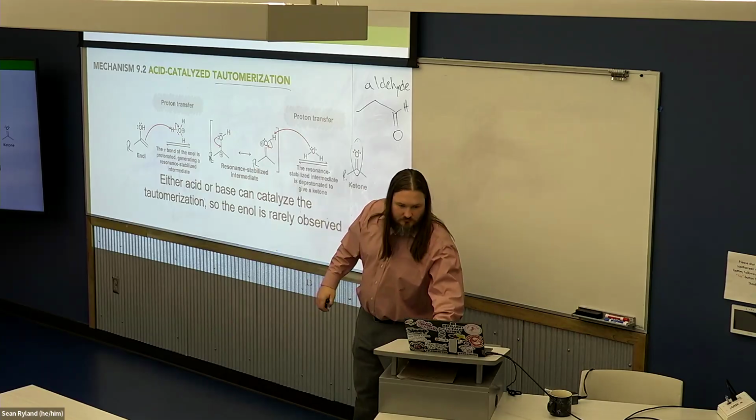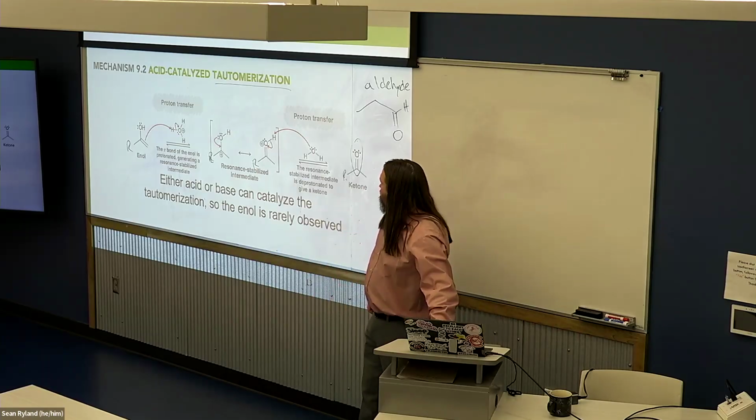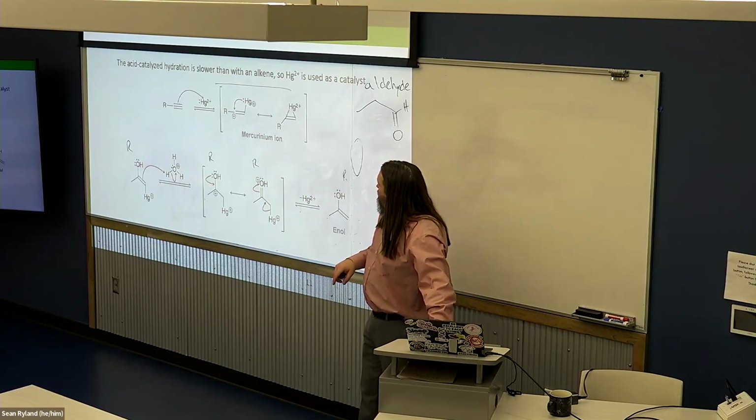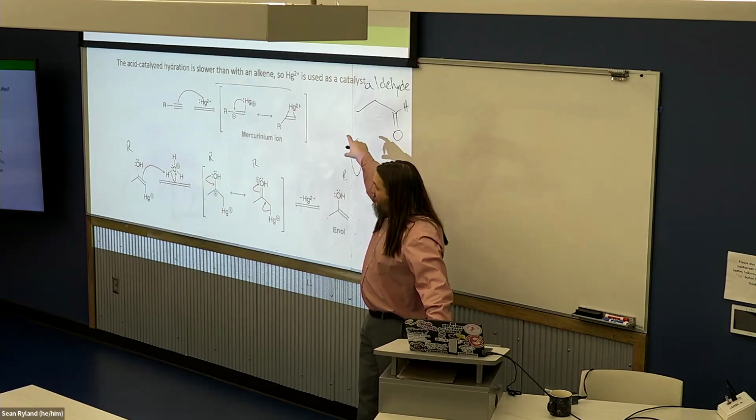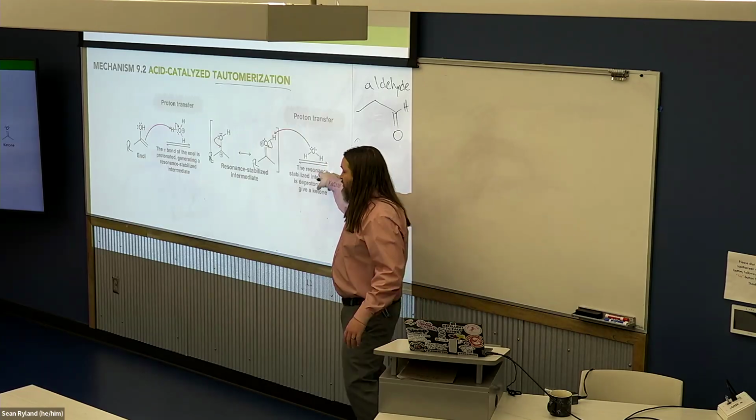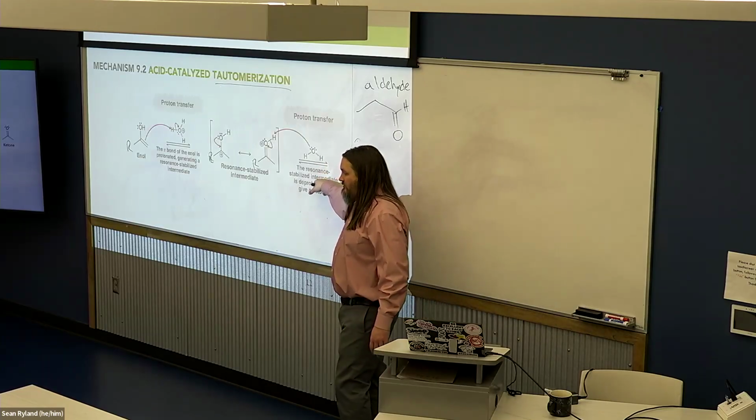It's not acid catalyzed, so it must be base catalyzed. It's the step before this state. When it was acid catalyzed hydration, this whole thing is under acidic conditions, so we see this version of tautomerization.